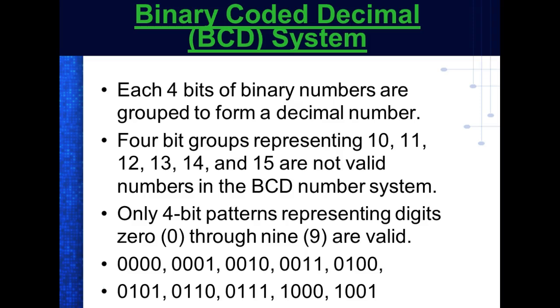This is not hexadecimal. It does not go 1, 2, 4, 8, 16, 32. Each one of these 4-bit patterns directly represents a decimal number. This is not a weighted numbering system. It is a code. You cannot go from decimal to binary doing this way.